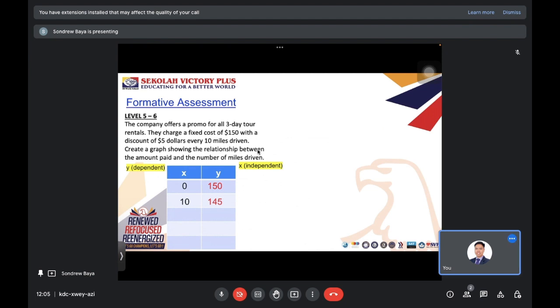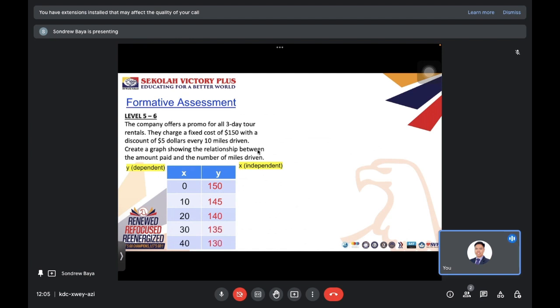That means they will be given a discount of $5 every 10 miles. 20 miles is equivalent to two 10-mile intervals. That means they will receive a discount of $10. Hence, for 20 miles, they're just going to pay 140. And this goes on and on.